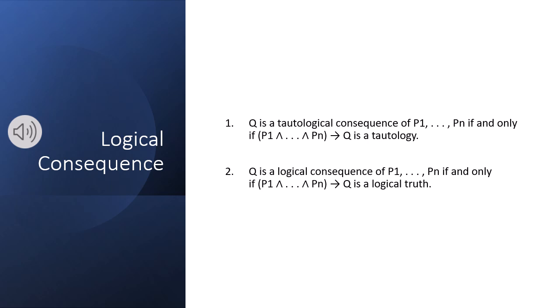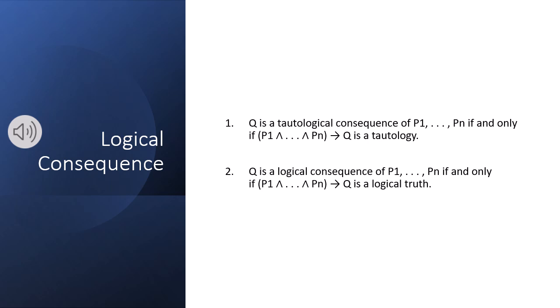Now, the only way a conjunction is going to be marked as true is if all of the conjuncts are true. So here we would have somewhere in the truth table where P1 through Pn are all marked as true, but Q is marked as F.